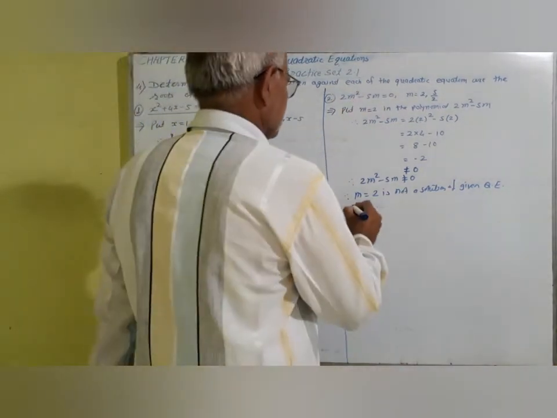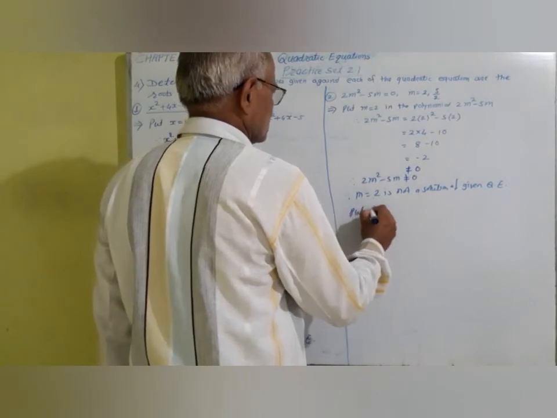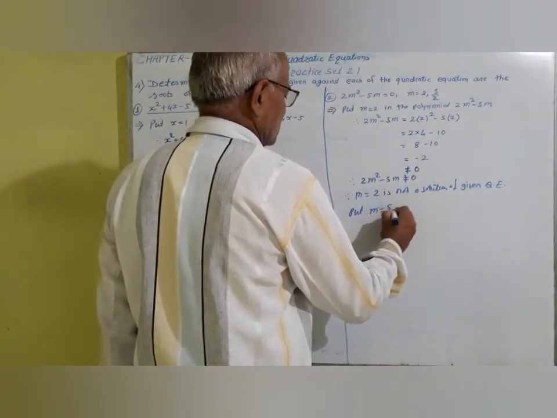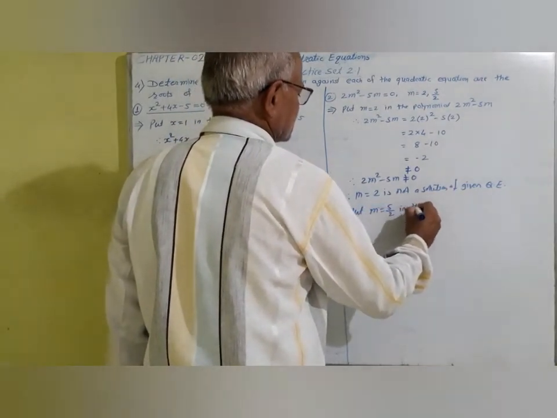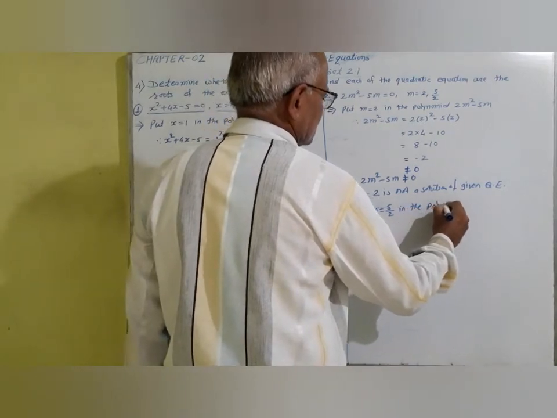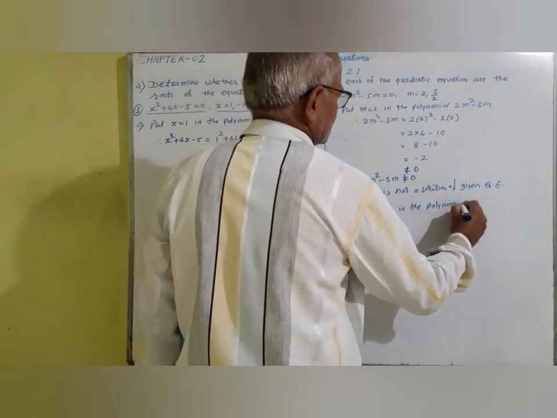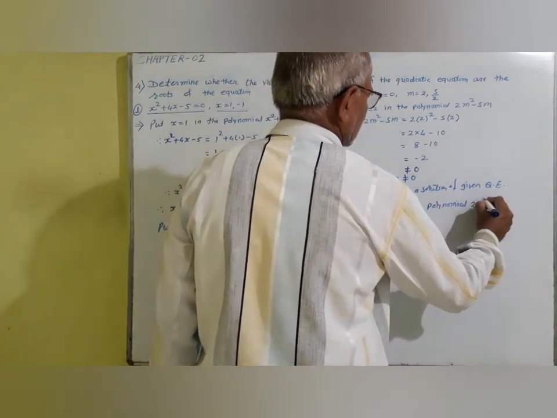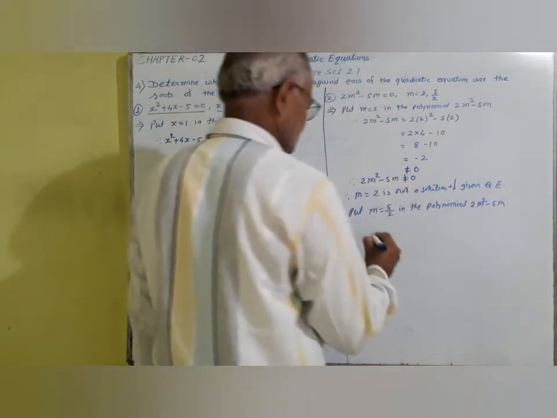Then second, put m is equal to 5 upon 2 in the polynomial 2m square minus 5m.